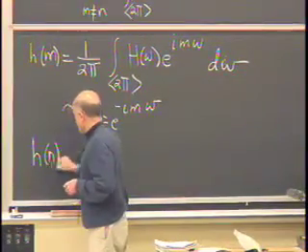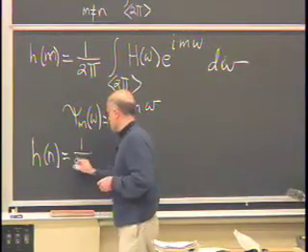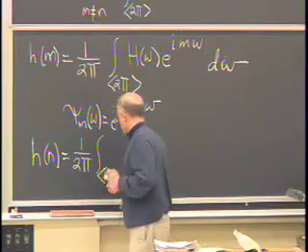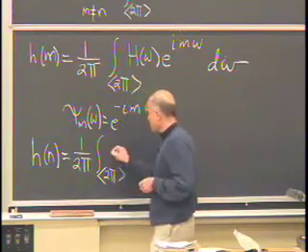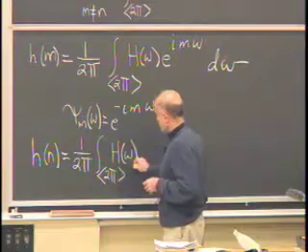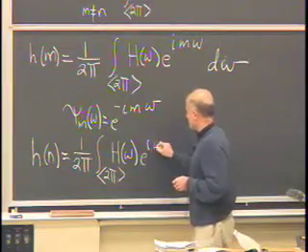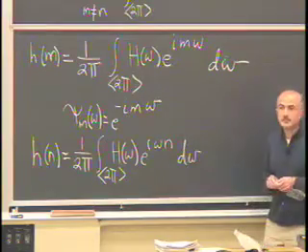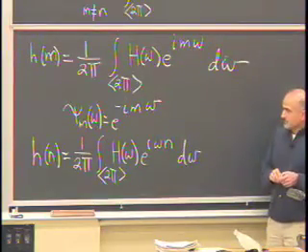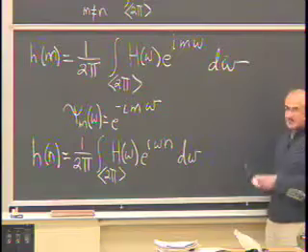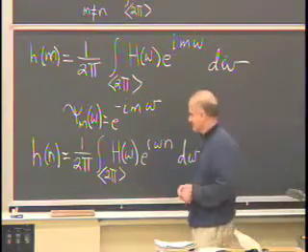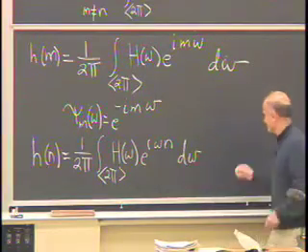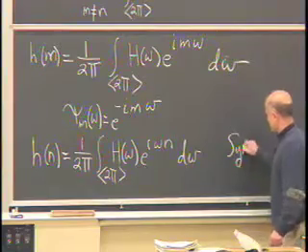So h of n is equal to 1 over 2 pi, the integral over 2 pi, h of omega e to the I omega n d omega. Congratulations! That's the inverse Fourier transform. We're done. Yeah. Synthesis equation.